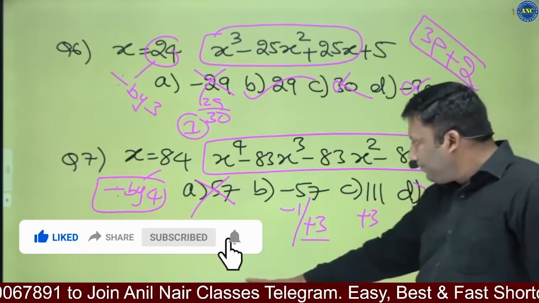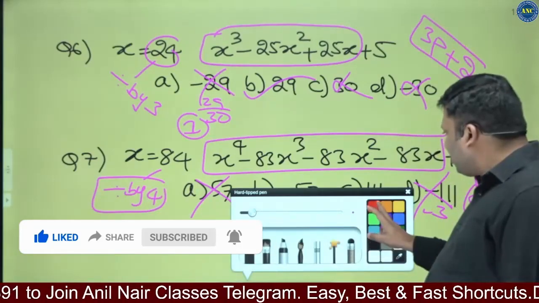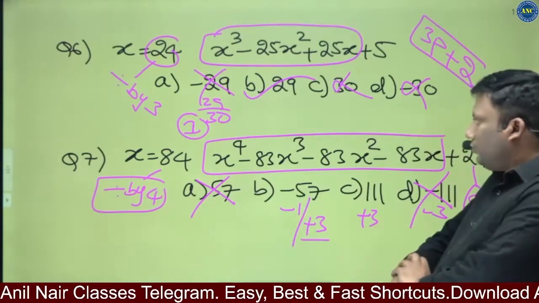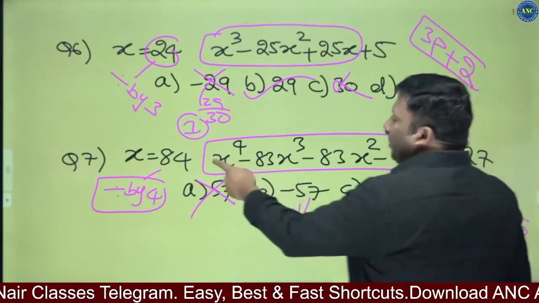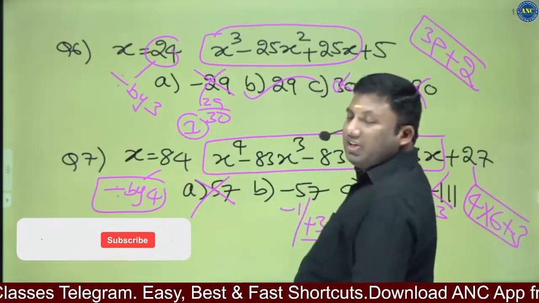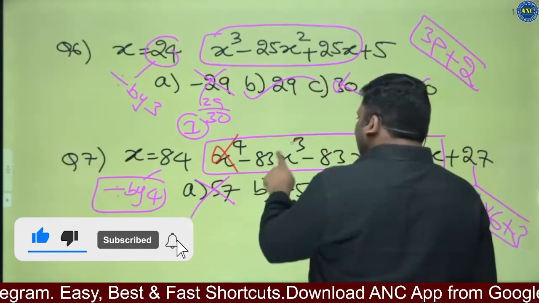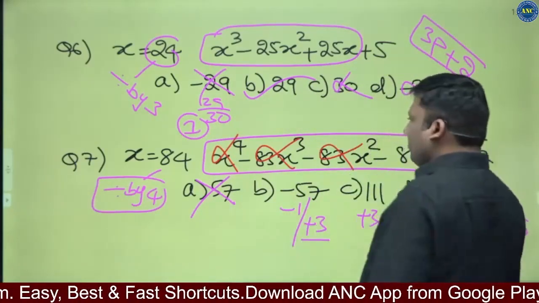Now again if I use the digital sum: 8 plus 4 is 12, 12 means 3. 3 power any natural number greater than or equal to 2 has digital sum 9.